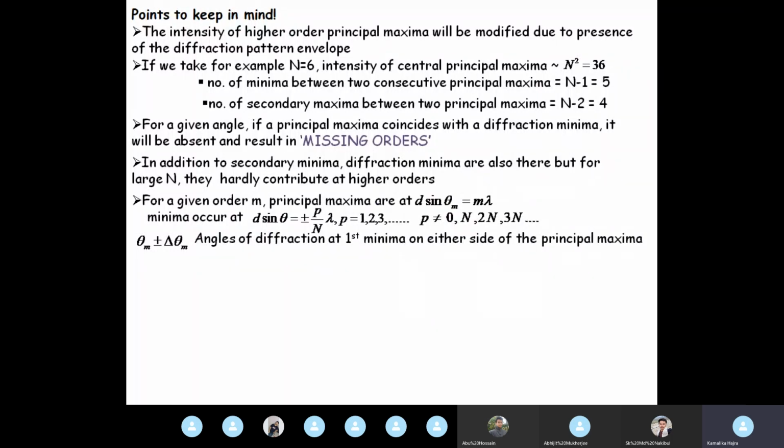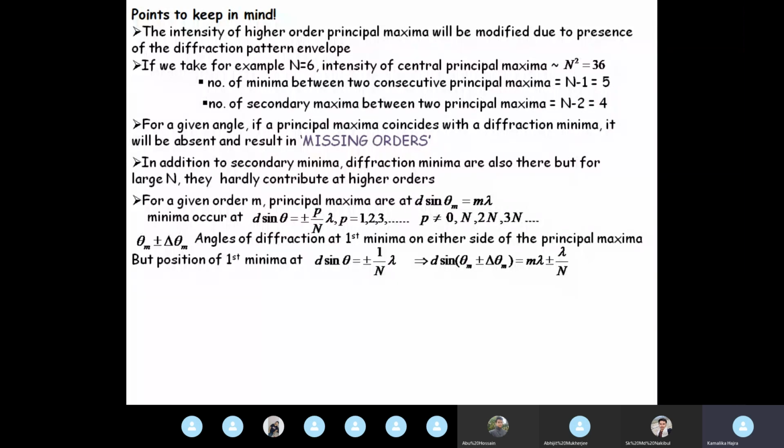minima on either side of the principal maxima, because we know minima occur at d sin theta equal to plus or minus p by n lambda. Position of first minima is given by p equal to 1. You put p equal to 1, so it becomes d sin theta equal to 1 by n lambda.